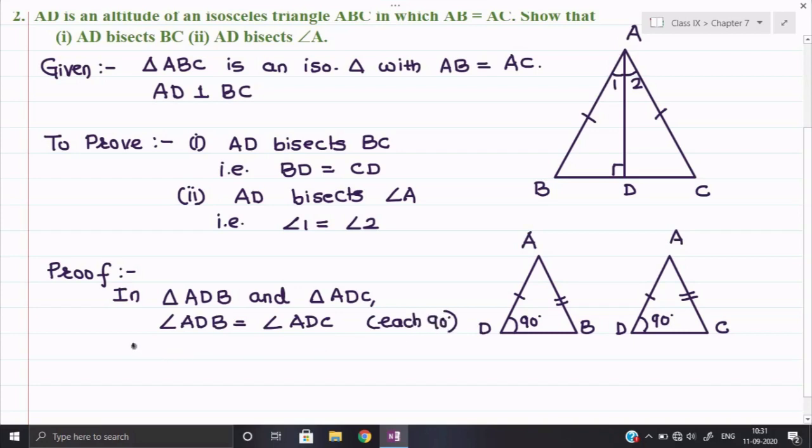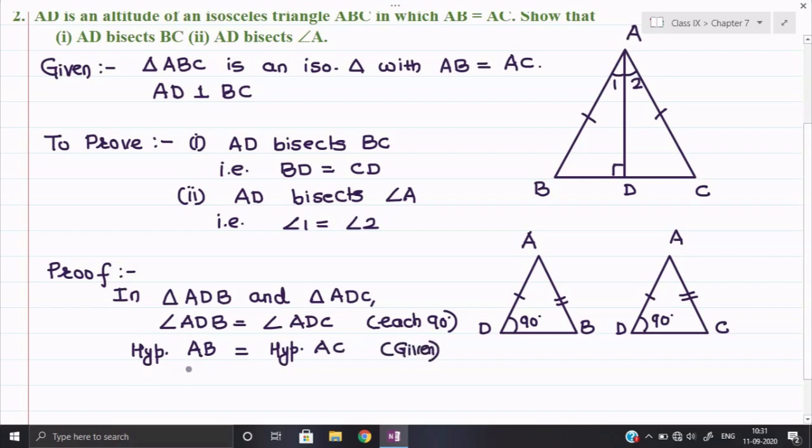Second thing we can write down is the hypotenuse. Here you need to mention these are the hypotenuses. So hypotenuse AB is equal to hypotenuse AC, that is given in the question, right?